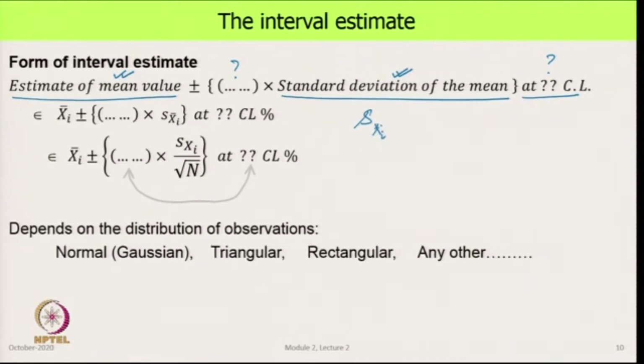S x is the sample standard deviation. This is not the case. We are looking at S x-bar, which is the standard deviation of the means. And this is nothing but connected in statistics in this particular way: S x upon square root n, where n is the sample size.